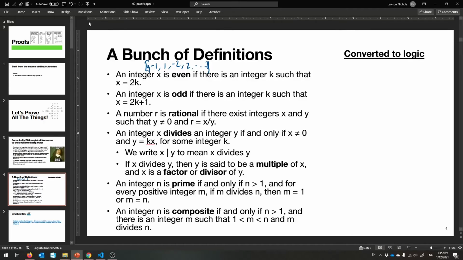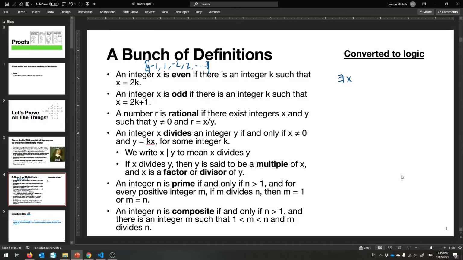And an integer, we say, is even. Oops. Okay, my tablet is happy again. Sorry about that. So we say that an integer x is even if there is some other integer k such that x equals 2k. Like it's exactly a multiple of 2. That's what it means to be even.